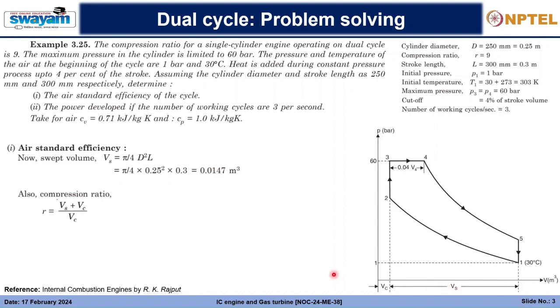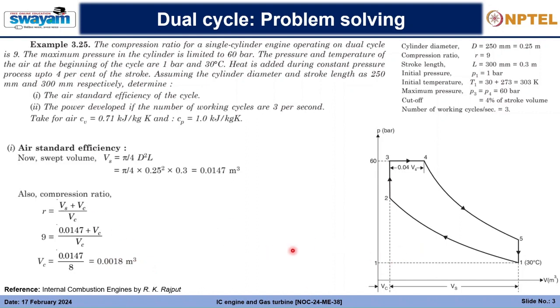If we know the swept volume, we can find the clearance volume. So is the clearance volume given or not? Let us see. We do not know the clearance volume, but we know the compression ratio. So we can find the clearance volume Vc, and accordingly we will get Vc equals 0.0018 meter cube.